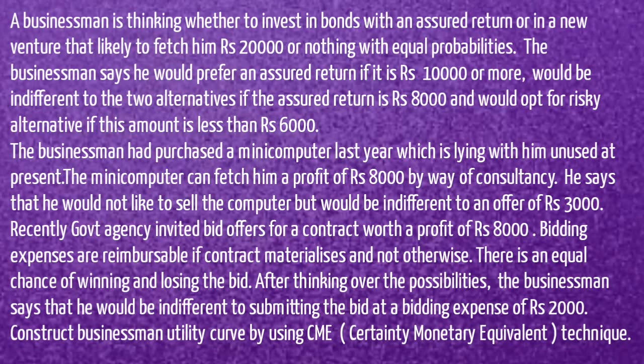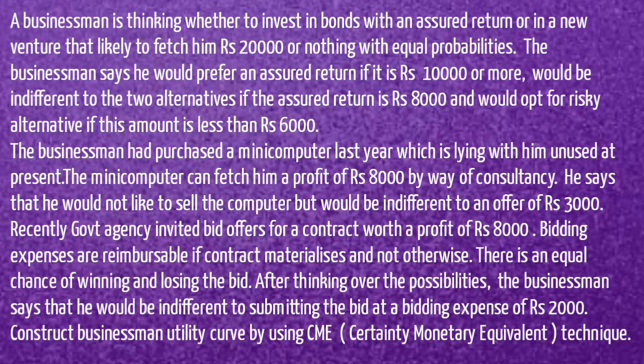Now we will read the first question, which is based on the von Neumann and Morgenstern method. A businessman is thinking whether to invest in bonds with an assured return or in a new venture that is likely to fetch him rupees 20,000 or nothing with equal probabilities.